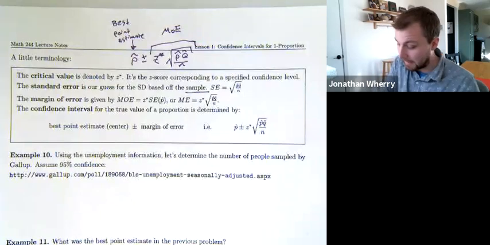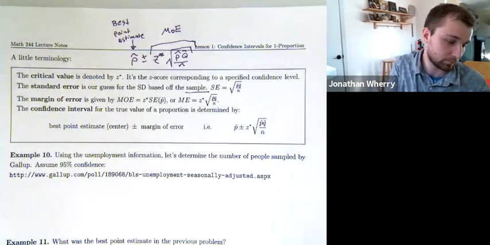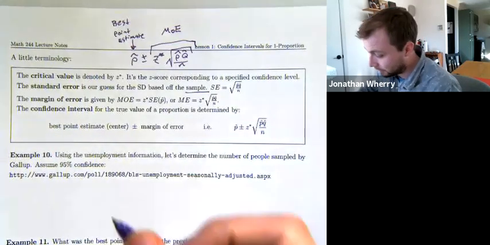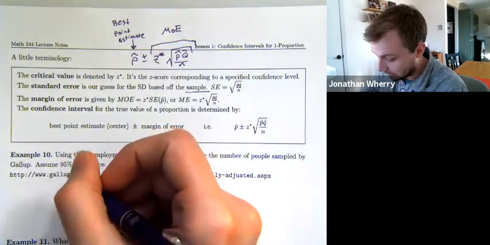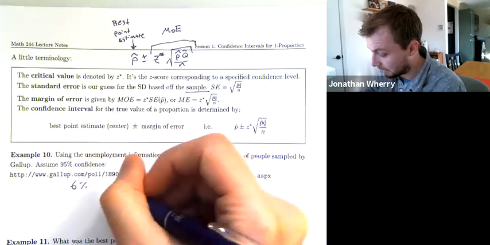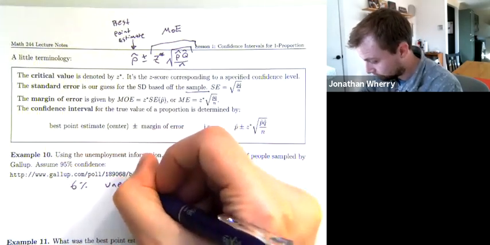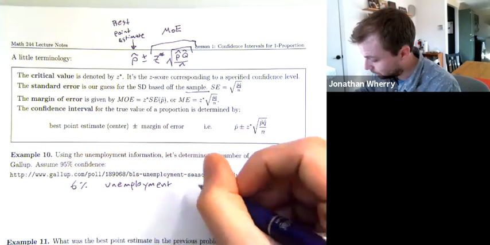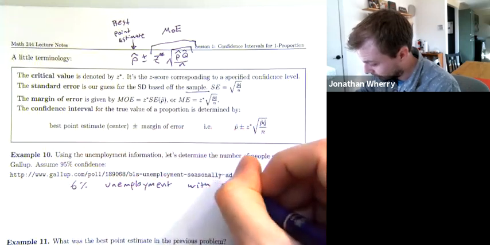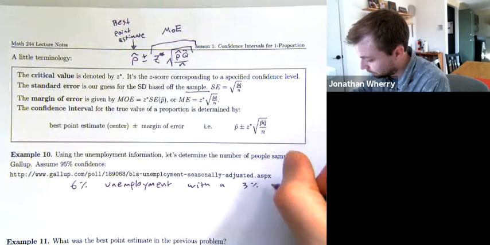So looking at some examples of this, suppose that I go to Gallup poll and I look up the unemployment and I see that there is a 6% unemployment rate with a margin of error of 3%.